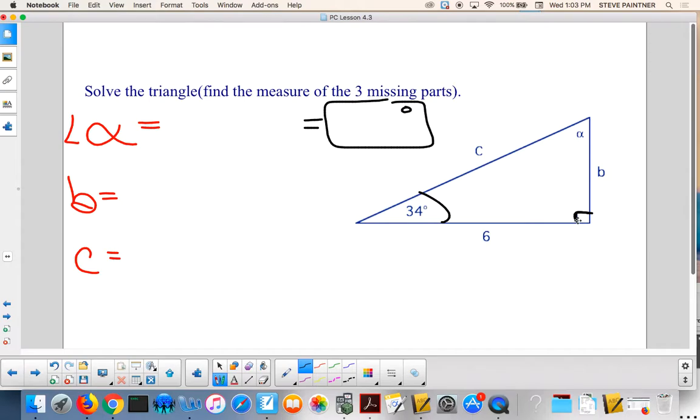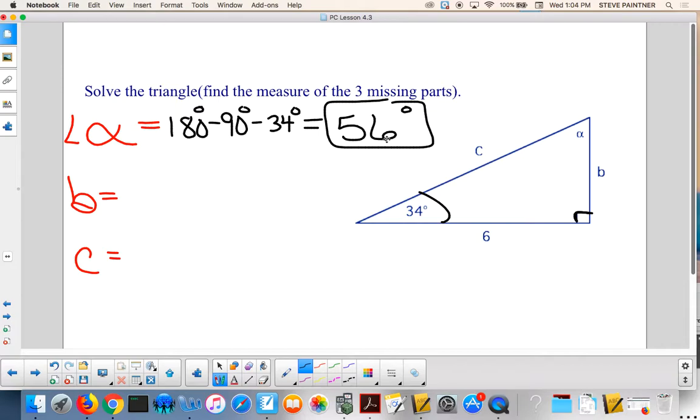All three angles in a triangle equal what? 180. So I've already used up 90. I've already used up 34. What's left for alpha? 56. Okay, 56 degrees is the answer. That should be almost a free point on a quiz, right?